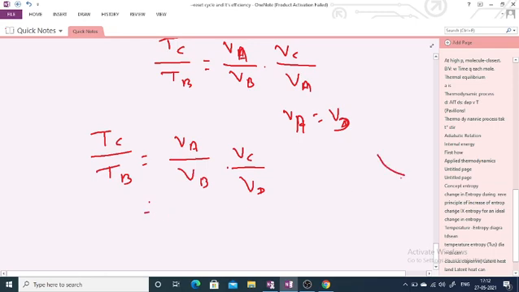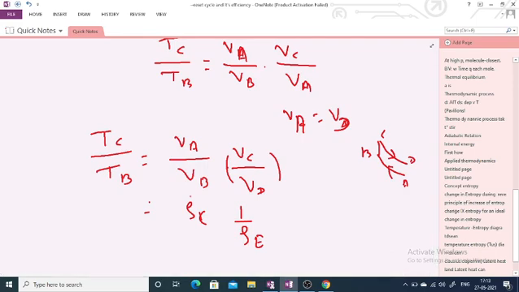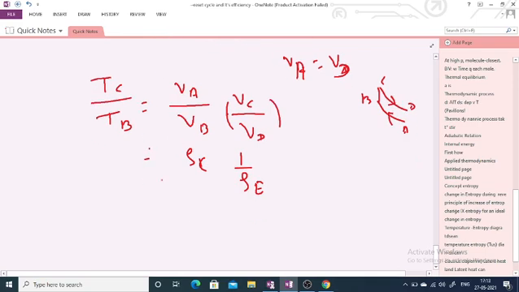Here, this is A and this is B, and this is another C and B. It is our compression ratio, rho C. Now Vc upon Vd is the expansion ratio, so we got 1 upon rho E. Va upon Vb is the compression ratio, that is rho C only, and Vc upon Vd is nothing but 1 upon rho E. So we got the ratio of rho C to rho E.